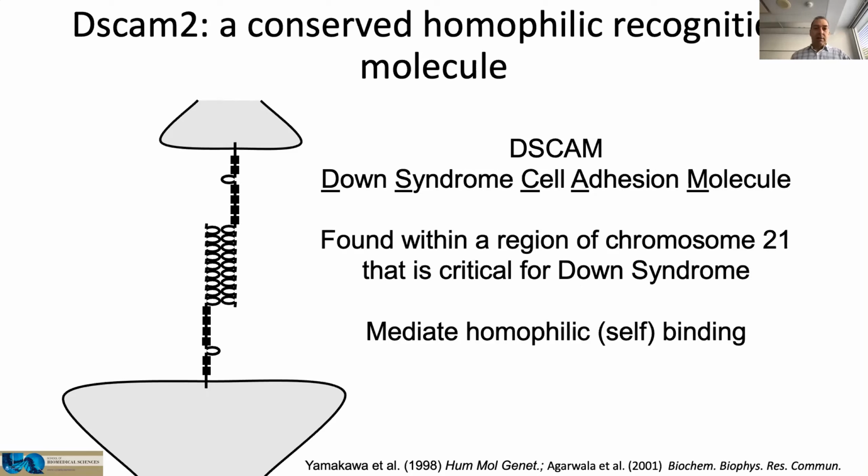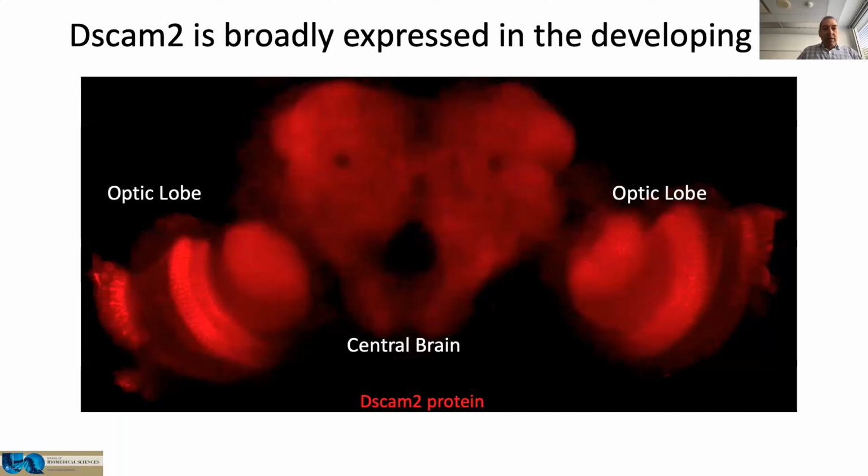The DSCAM2 gene is broadly expressed in the developing brain. This is a whole mount using a DSCAM2 antibody. It's expressed in all the major neuropils of the fly brain, and you can see that it's not expressed in the cell body. It's localized specifically to dendrites and axons where the synapses are forming.